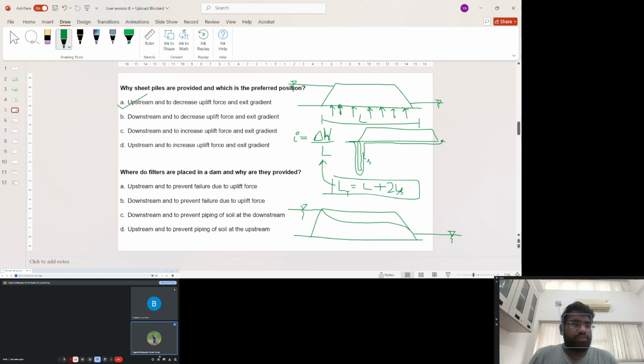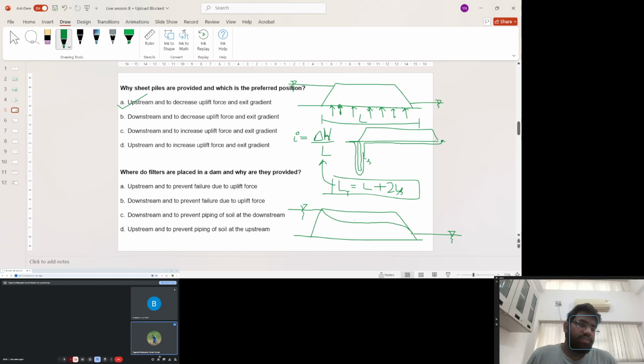This is the topmost flow line, which is the phreatic line, right? So the water flowing through the embankment will come out of the downstream slope.